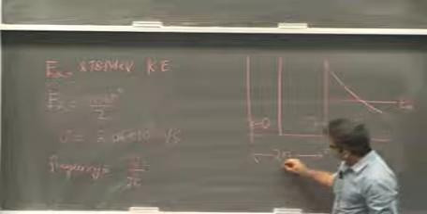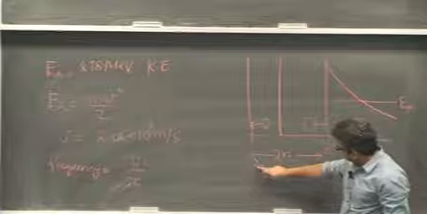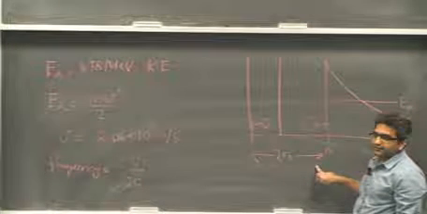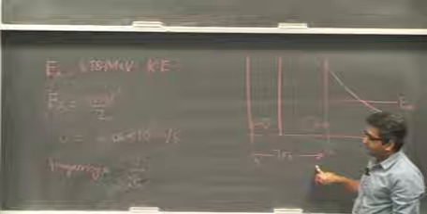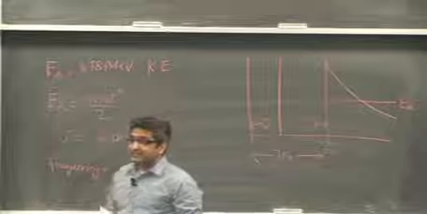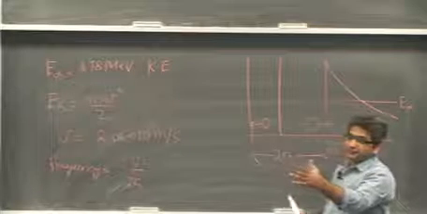So the distance it covers, so the time to cover this much distance 2R naught is what? Pi by, if you know the angular velocity.